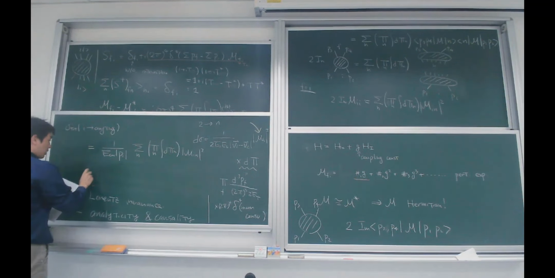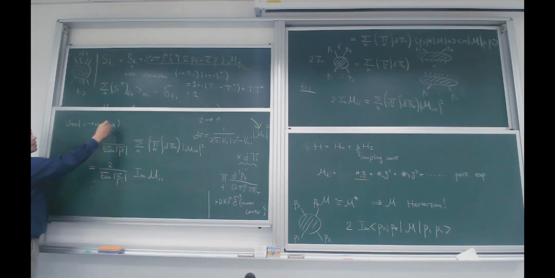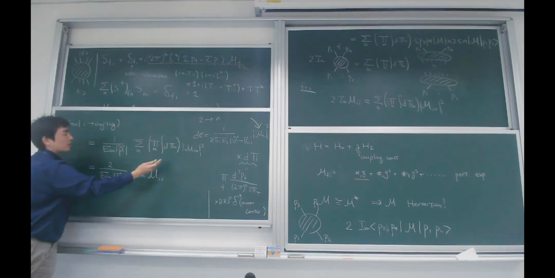So if you look at this amplitude, at the diagonal element, and take the imaginary part, that is proportional to the total cross section of i to anything. Anything means the sum over n, any element in the Hilbert space.